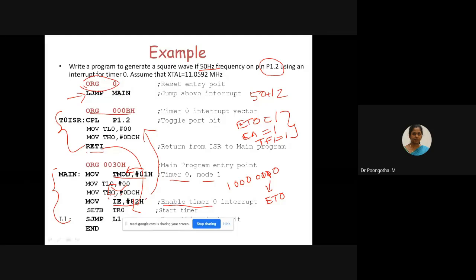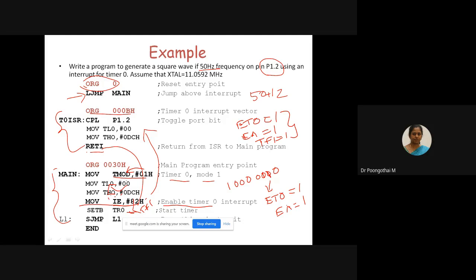So first load your TMOD value, next load your initial value, and next find the value of the IE register in order to enable your timer 0 interrupt, and start the timer. According to these instructions, with ET0 equal to 1 and EA equal to 1, your microcontroller is continuously monitoring the overflow flag.